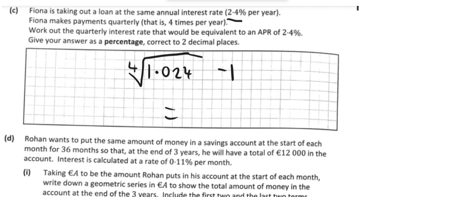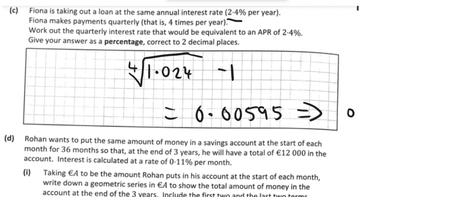So you'll get 0.0059 5 if you round it off, and then you want to give that as a percentage. So to go back to a percentage, you move the decimal point to the right a couple of places.